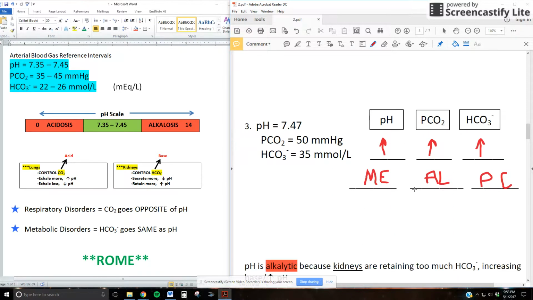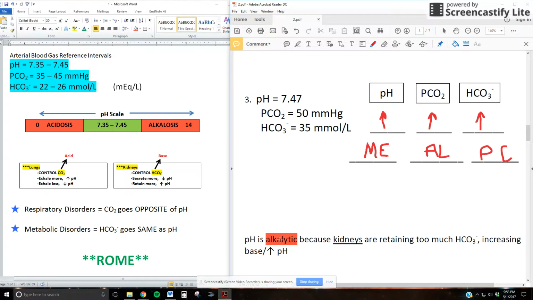So what's going on here? Well, the pH is alkalytic because the kidneys, it's a metabolic problem, the kidneys are retaining too much bicarbonate, increasing that base component and raising the pH. And so the body is going to try and compensate with the respiratory component.